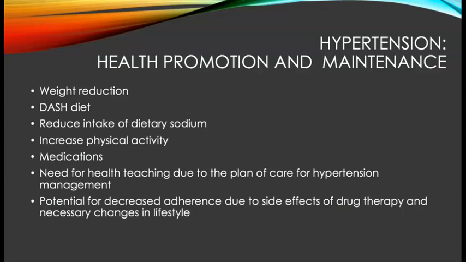We generally encourage a decrease in the amount of sodium one consumes, so usually it's going to be less than 2,000 milligrams per day in healthy adults, but those who have hypertension, we usually want them to consume much less than that. With alcohol intake, we usually don't tell our patients, you have to stop drinking alcohol.